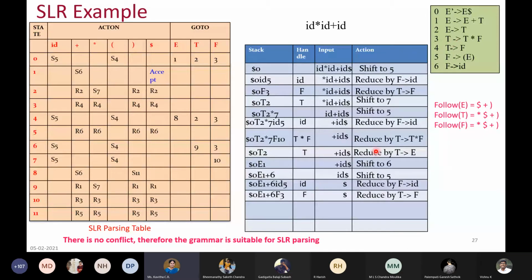R4 is T gives F. So you're going to replace F with T in the next step. So you have popped F and you have pushed T onto the stack. And at 6 on T is state number 9. You're going to get the next state as 9. And now you can once again see whether something is eligible for reduce action.